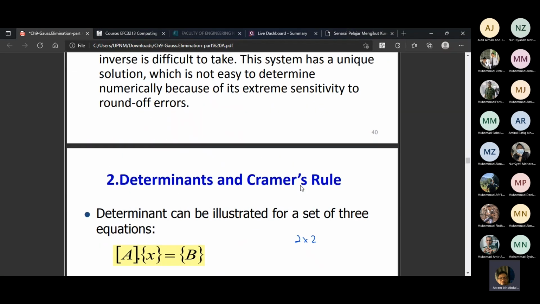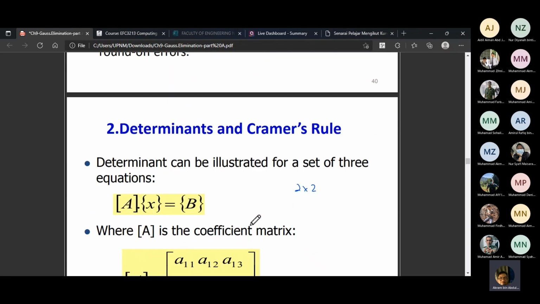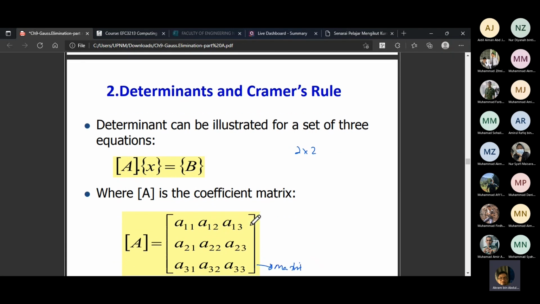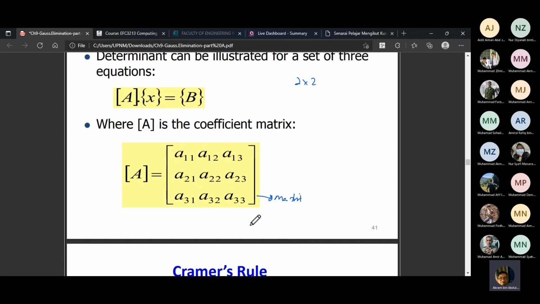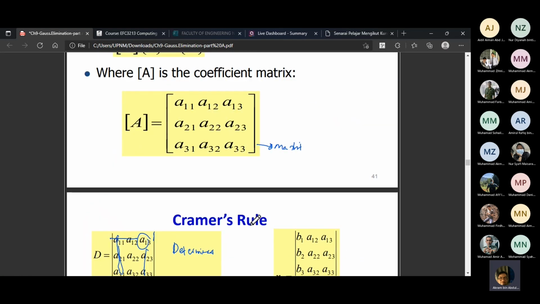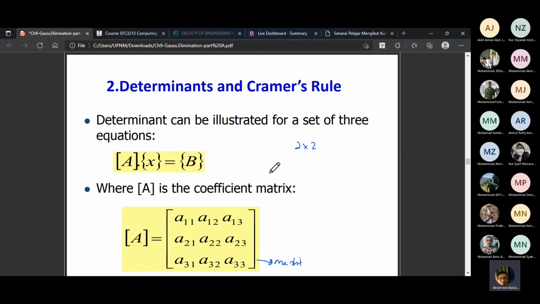So there is another method that you can use other than using graphical, what we call as Cramer's rule. Determination and Cramer's rule. So for Cramer's rule, it will involve you to calculate determinants. Okay, before this, we have seen how to calculate determinants for a 2 by 2 matrix.